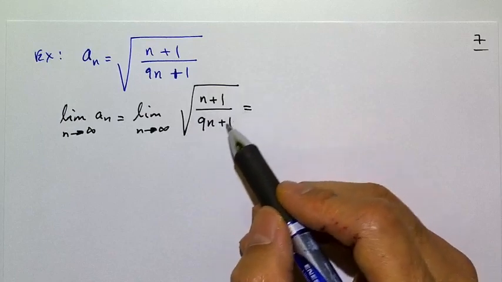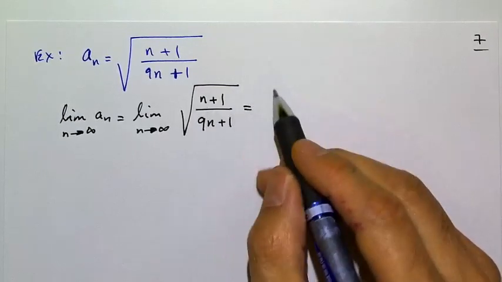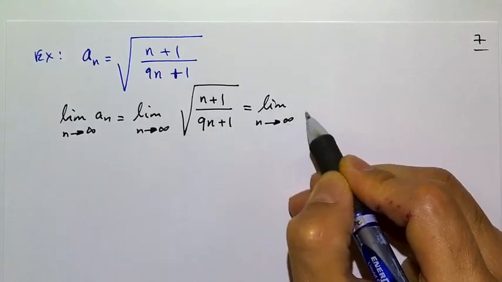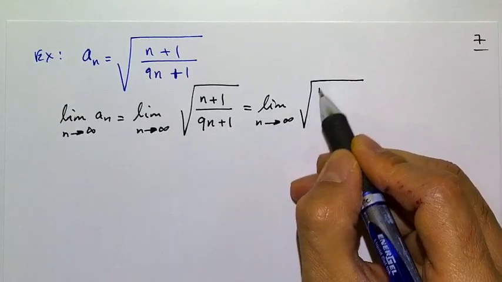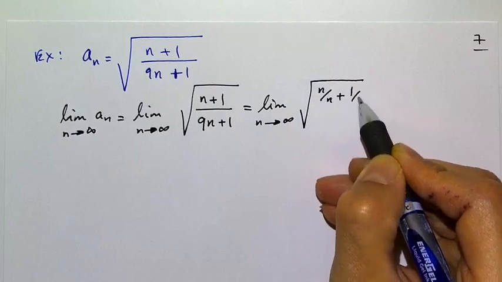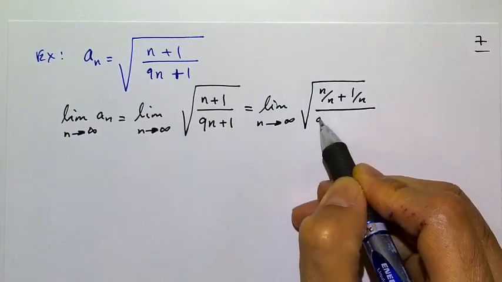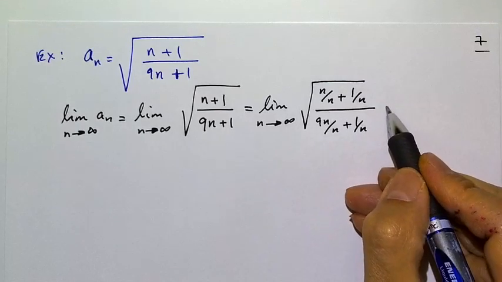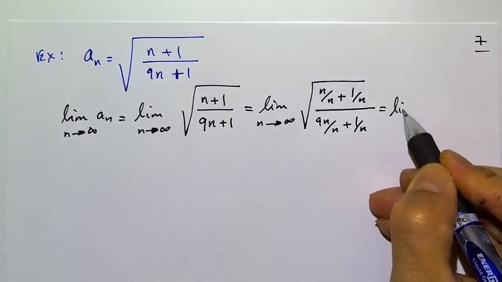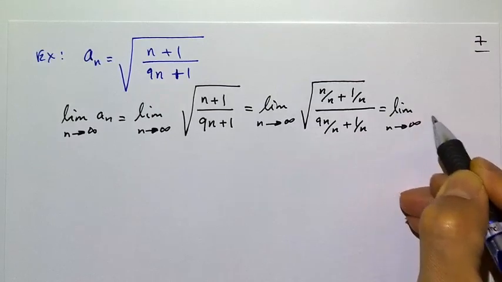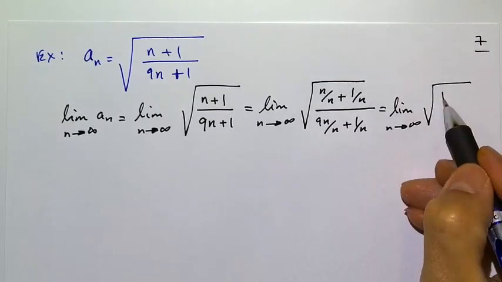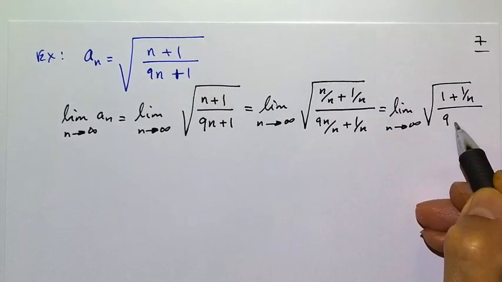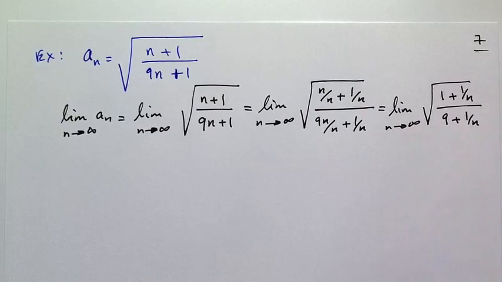Everything is under the square root, so that's just dividing every term by n. And so under the square root, we get 1 plus 1 over n, and we get 9 plus 1 over n.